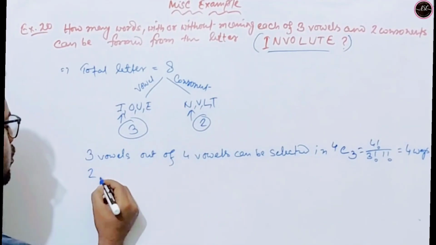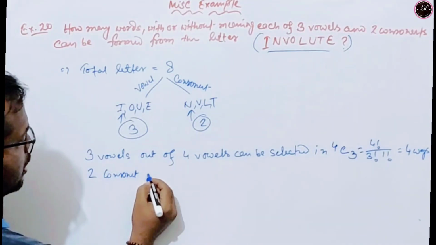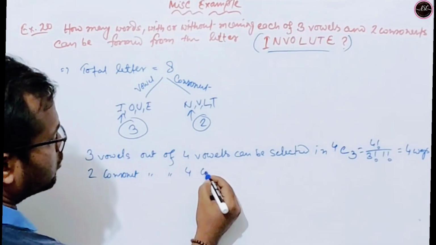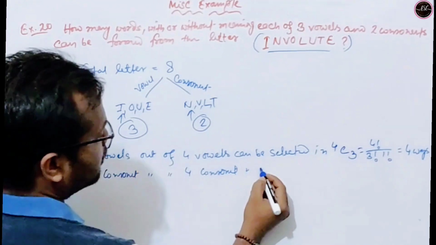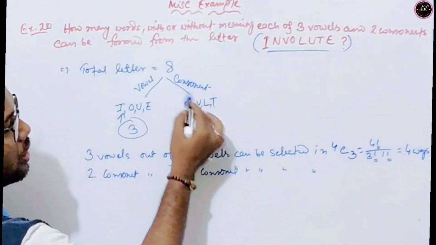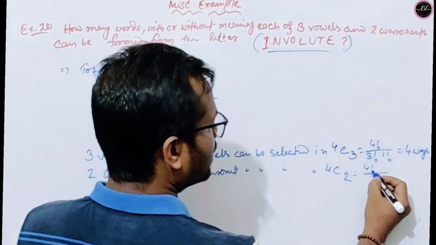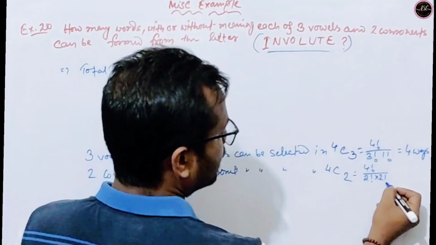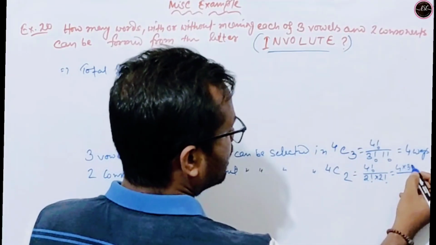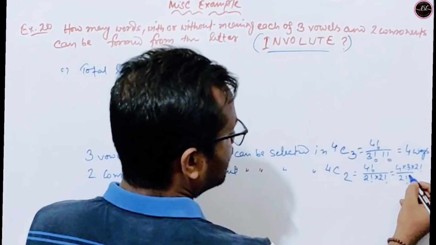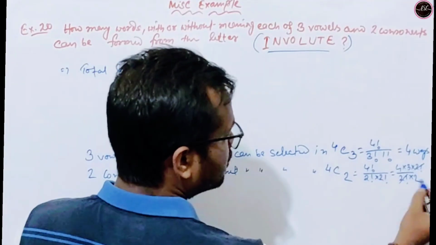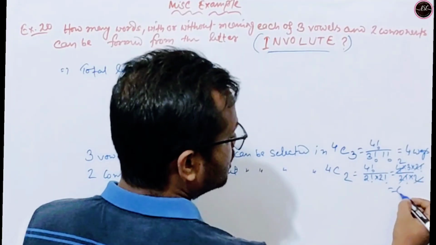Now these 2 consonants out of 4 consonants can be selected in 4C2, which equals 4 factorial divided by 2 factorial into 2 factorial, that means 4 into 3 into 2 factorial divided by 2 factorial into 2. The 2 factorial cancels out and the 2 cancels out, therefore 6 ways.